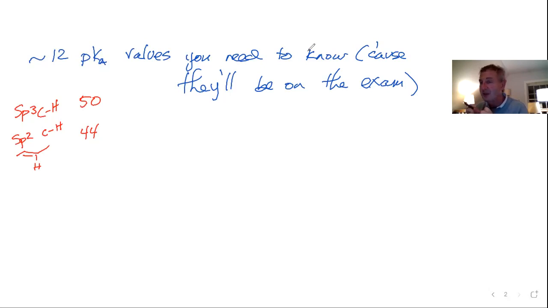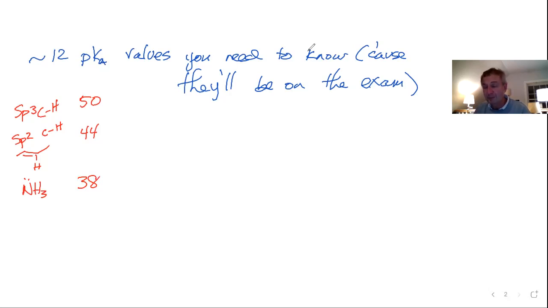So something that doesn't want to get rid of that proton is on the prowl for a proton to get back. So weak acids, strong bases. What's another famous strong base, weak acid? Something like 38.